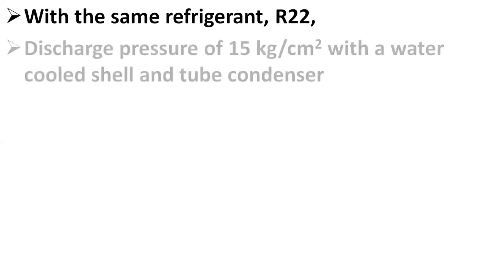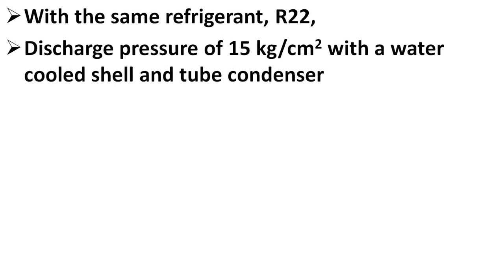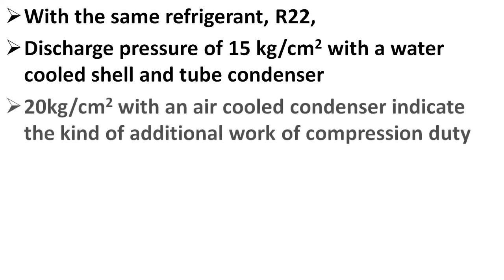Then with the same refrigerant R22, the discharge pressure of 15 kg force per square centimeter with a water-cooled shell and tube condenser and 20 kg per centimeter square with an air-cooled condenser indicate the kind of additional work of compression duty and almost 30% additional energy consumption required by the plant.